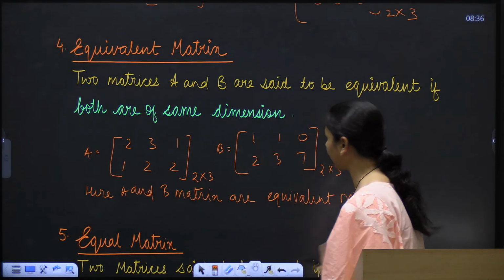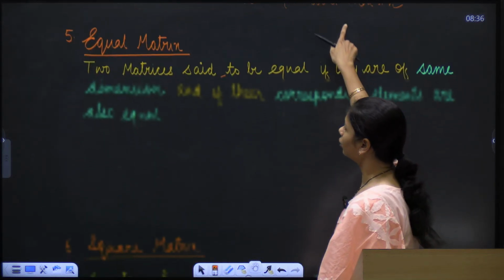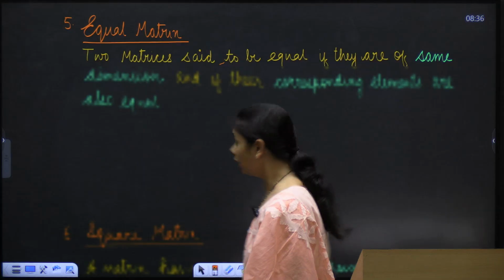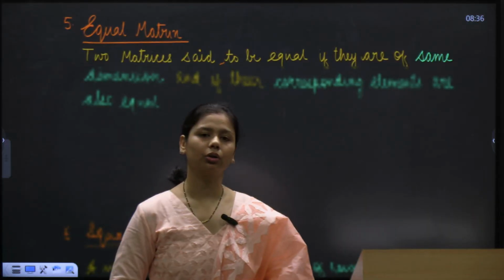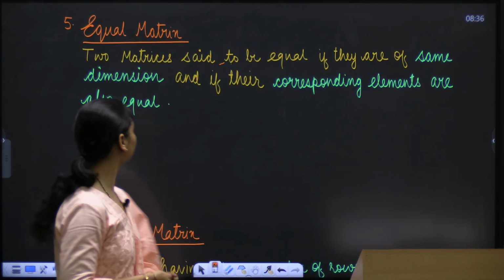The next type is the equal matrix. Two matrices are said to be equal if not only the dimensions of the matrices are equal but also their corresponding elements are equal.